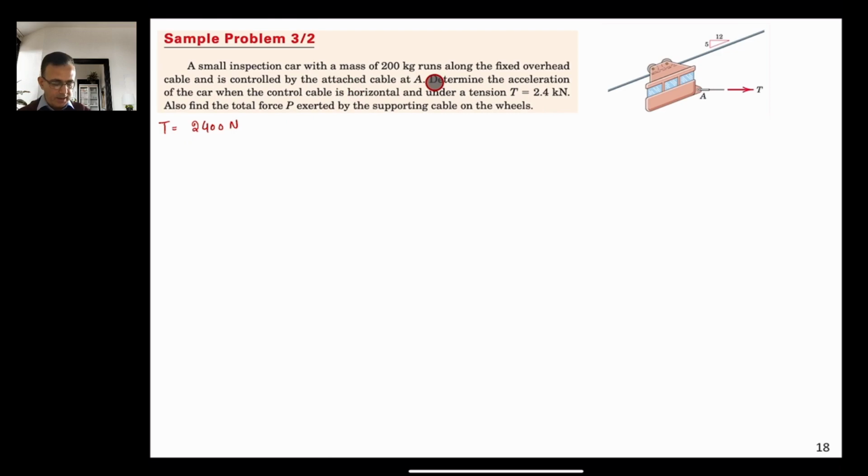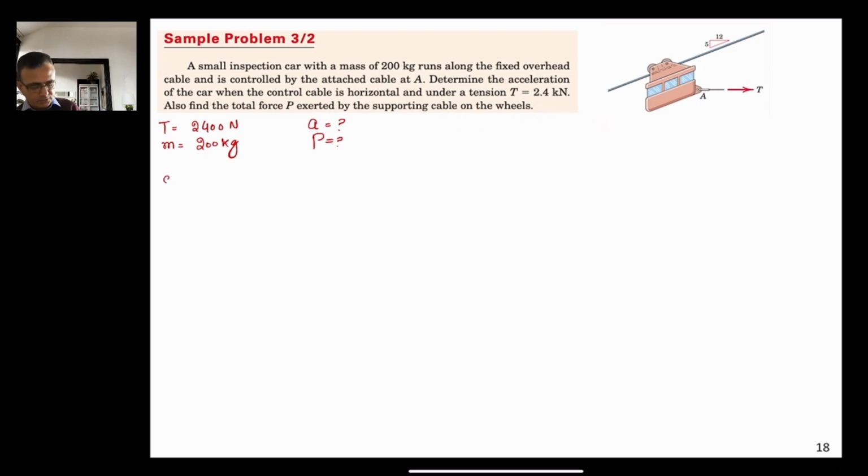Mass of the inspection car is given, which is 200 kilogram. What you need to calculate is A, which is unknown, and also P, which is the total force exerted by the supporting cable on the wheel.